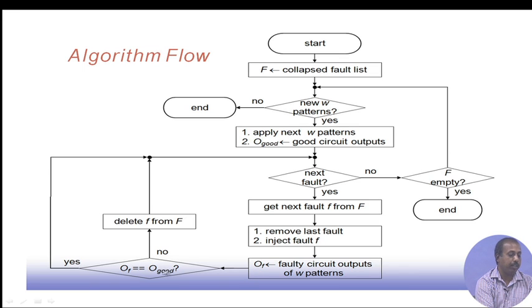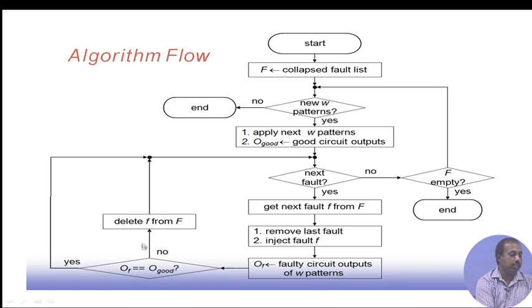Now, if OF and O good are not the same, that means this fault was detected by some pattern in the W set.